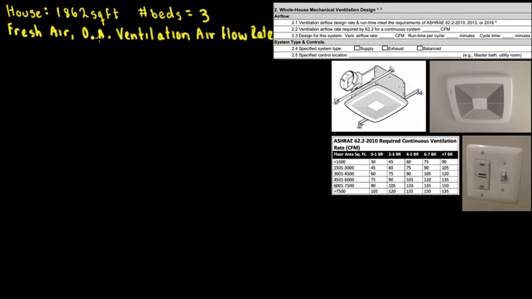So they're all the same. In order to calculate the fresh air, outside air, or ventilation airflow rate, we only need two inputs: the square feet and the number of bedrooms.